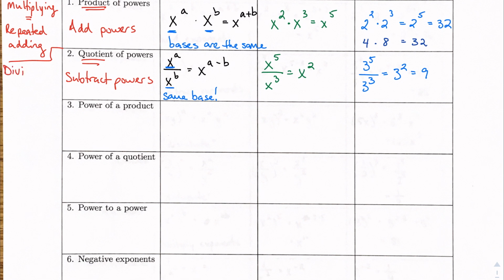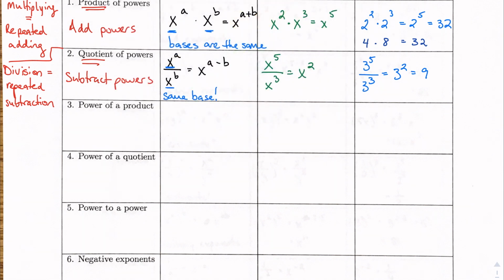Division, just like multiplication is repeated addition, division is repeated subtraction. And there's that link between the quotient and subtraction.